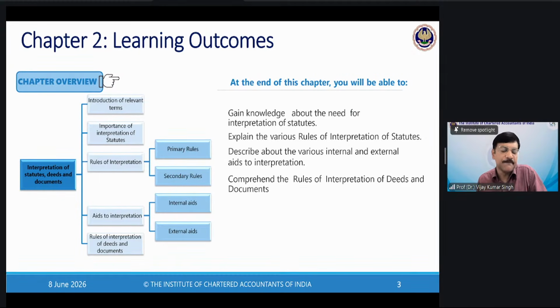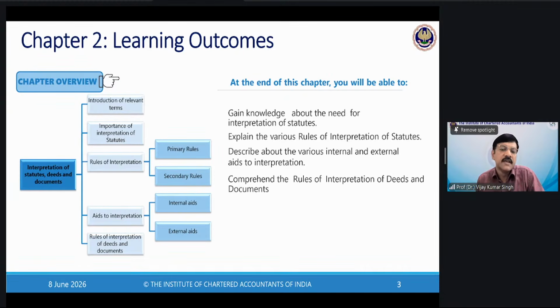If you look at the overview of your chapter, the chapter would be covering the introduction of relevant terms, and then we will talk about the importance of interpretation of statutes. And in terms of rules of interpretation, there are primary rules and secondary rules. Today we are going to touch upon all these rules, and there are aids to interpretation, internal aids and external aids.